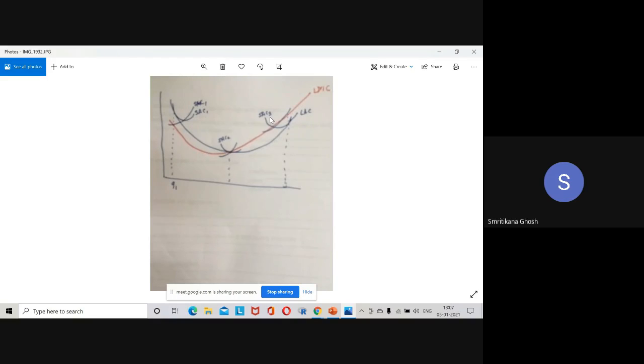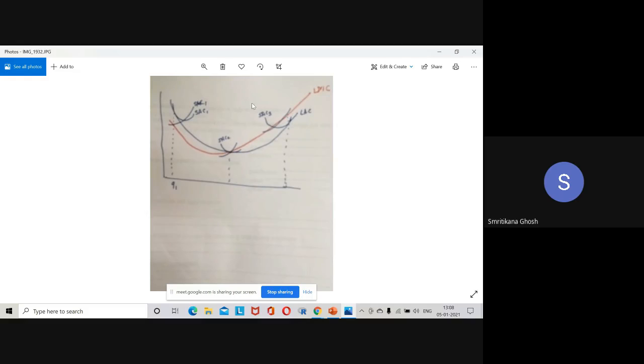The marginal cost curve intersects the average cost curve at its minimum. So this is SMC1 corresponding to SAC1, which intersects SAC1 at its minimum. Same is here. So you have SMC1 here, SMC2 here, and SMC3 here.